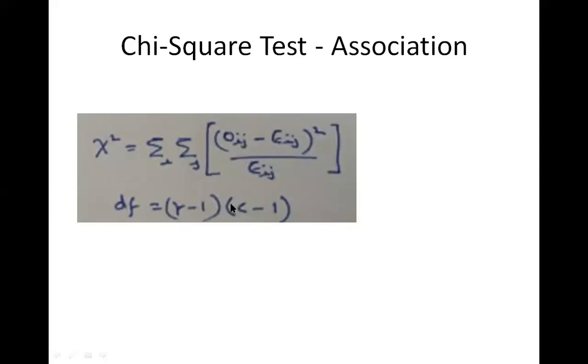So if there is a 2 by 2 table, then it will be 2 minus 1 into 2 minus 1, which is 1. So for a 2 by 2 table, the degree of freedom is 1. So this is the formula for chi-square.